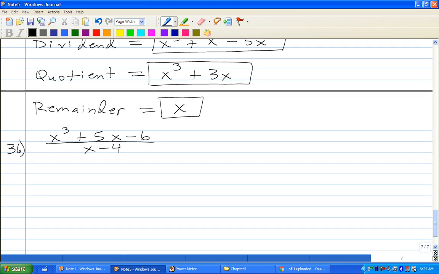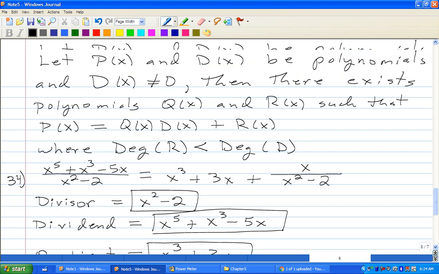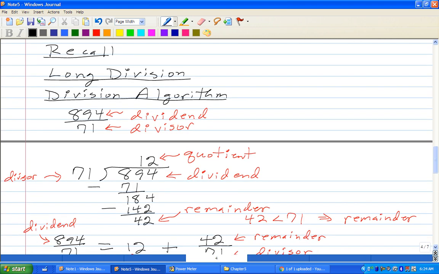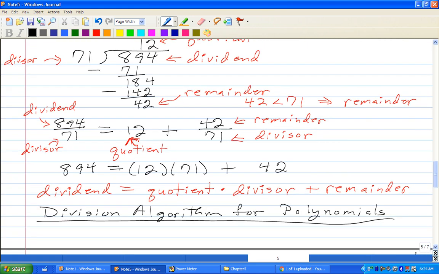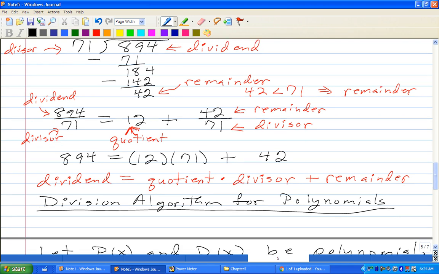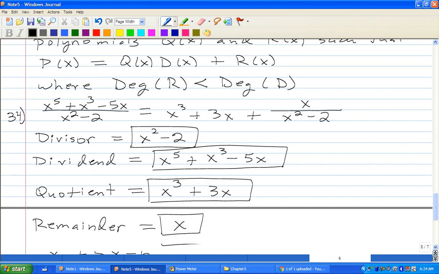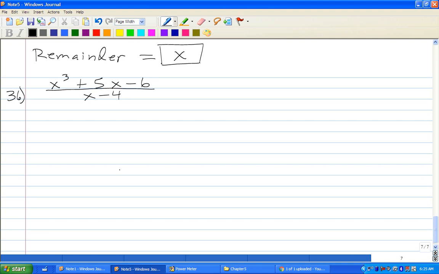Okay, so let's do something extremely analogous to what we did in this particular example, except now, instead of having a number, I'm going to have a polynomial.